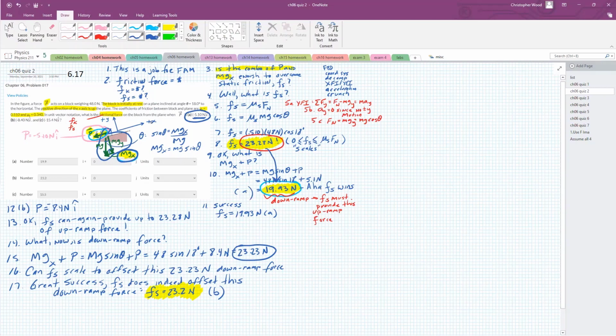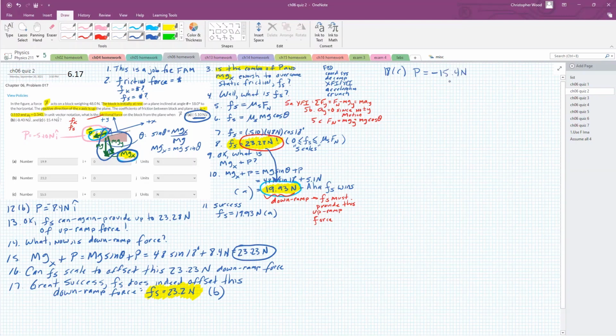Same thing again. Everything's the same, except you are getting increasingly impatient. Step 18 says for part C, now this P force that you're applying equals negative 15.4 newtons.